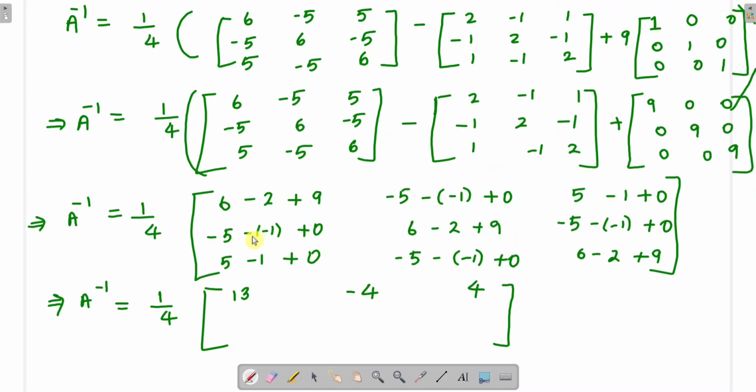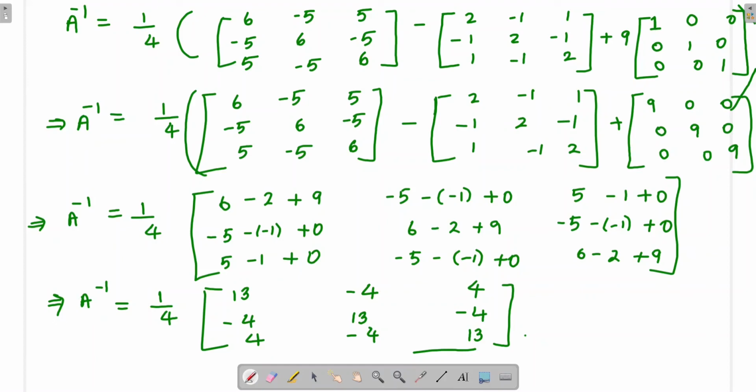Minus 5 plus 1 is minus 4, 6 minus 2 is 4, and plus 9 will be 13. Minus 5 plus 1 is minus 4, 5 minus 1 is 4, minus 5 plus 1 is minus 4, and 6 minus 2 is 4 plus 9, that is 13. So this is the answer, A inverse.